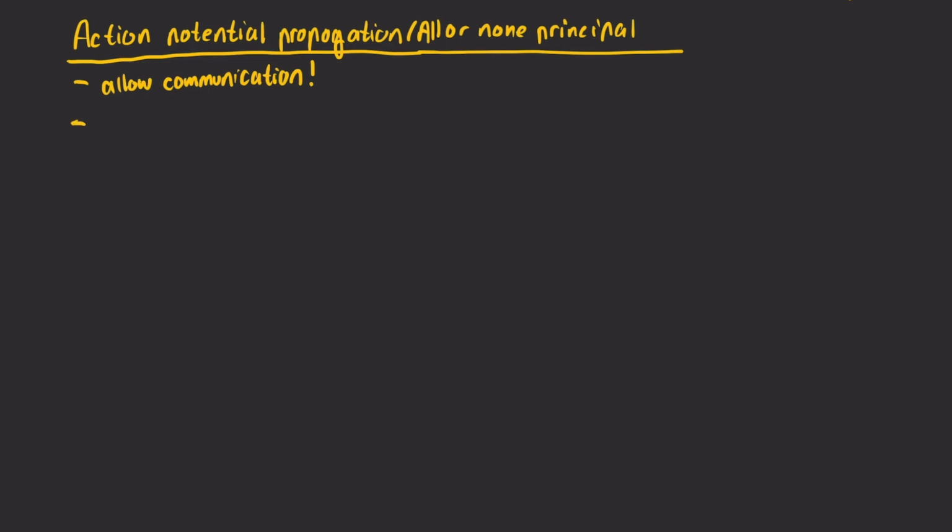So remember that value of negative 55 millivolts? If this is reached, an action potential occurs. If this is not reached, no AP. That is what we would refer to as the all or none principle.